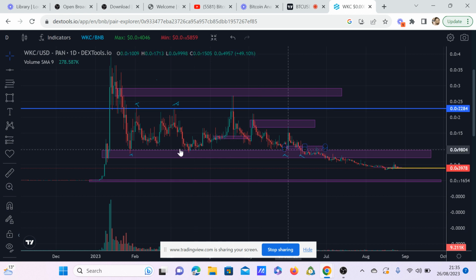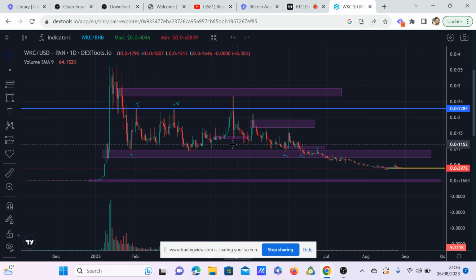So you see, this was a low here. When they came down here, they created another low here. So obviously, there are other stops here that need to be cleared. What happened is when they moved into this order block, they quickly took out this low here.